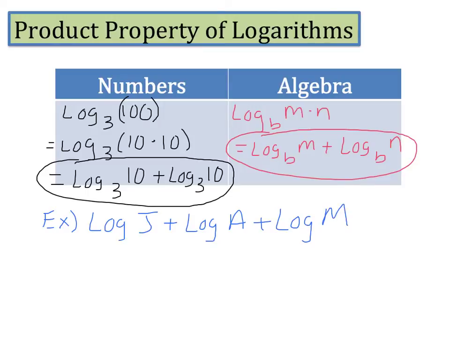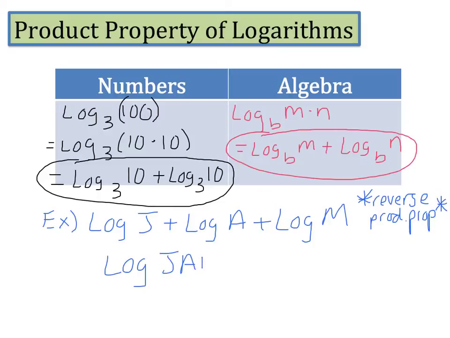So we can use the reverse of the product property, and we just combine these. That'll just be log of j, a, m. So it works both ways. We can either go from adding all the logs together to combining them into one, or taking one and breaking them out.